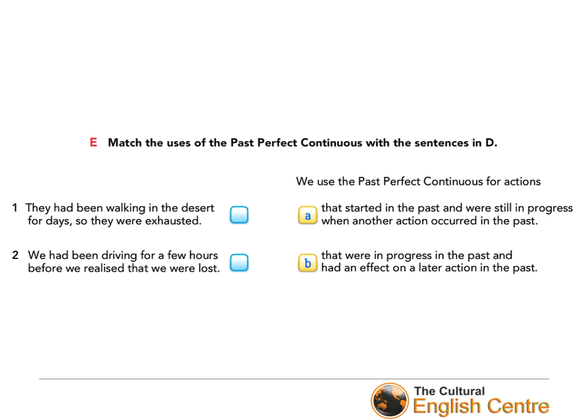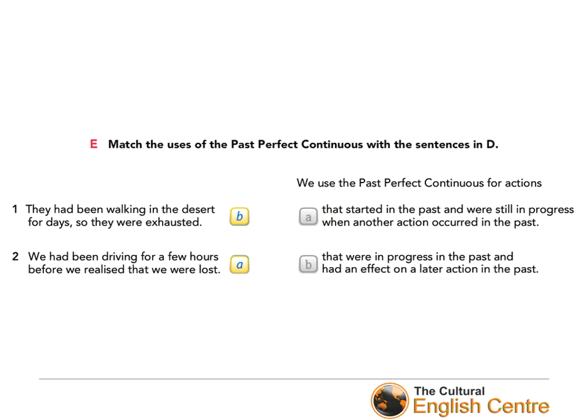And I hope that you know that we use the past perfect continuous for actions that started in the past and were still in progress when another action occurred in the past, which is sentence 2. And we use the past perfect continuous for actions that were in progress in the past and had an effect on a later action in the past, which is shown in sentence 1.